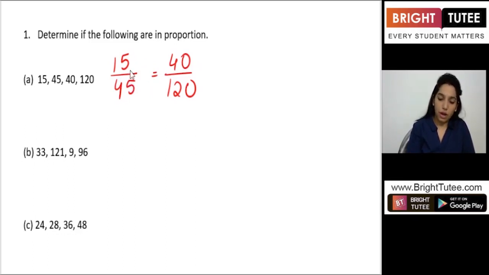Okay, so now 15 over 45, how can we simplify? We can divide both these numbers by 5, right? In fact, we can divide it by 15. So 15 times 1 is 15, and 45 comes in the 15 times table at 3. So 15 times 3 is 45. So here comes 3. Now let us divide 40 and 120.